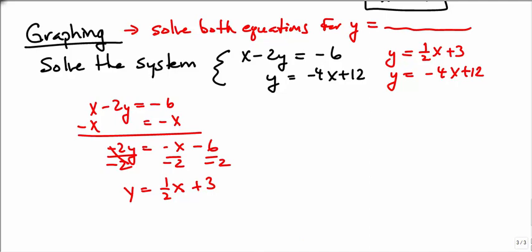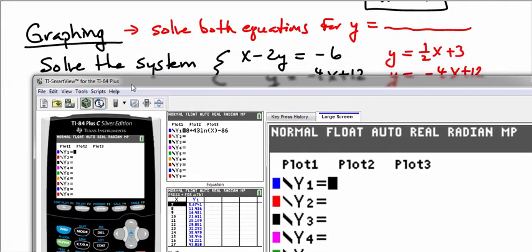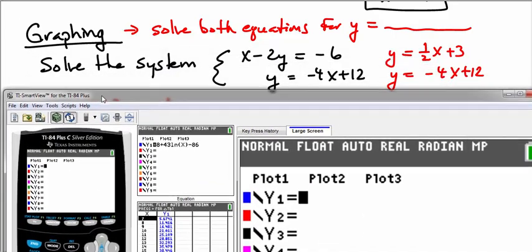So let's open up a calculator. And when we're graphing, we're going to use 2 lines in my equation editor. Okay, so I'm graphing both of these, so I'm going to choose y equals.